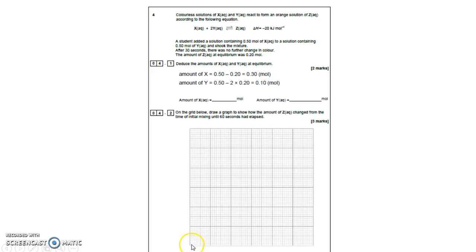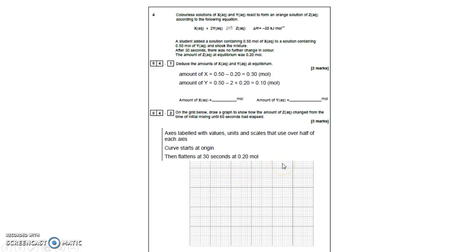On the grid below you're looking for a line that goes up like this and then starts to flatten off. The x-axis is going to be time, and the y-axis is going to be the amount of Z that's made, the concentration of Z, or the number of moles of Z, up the y-axis.